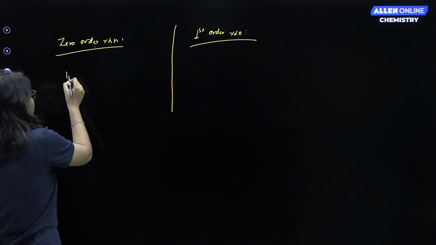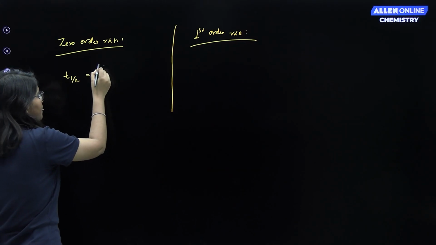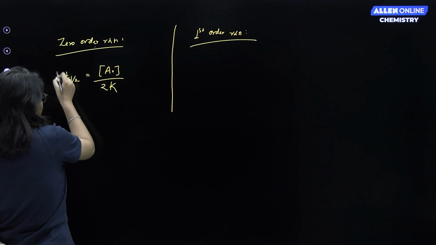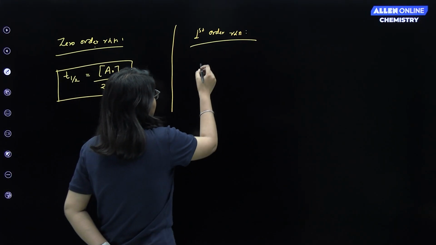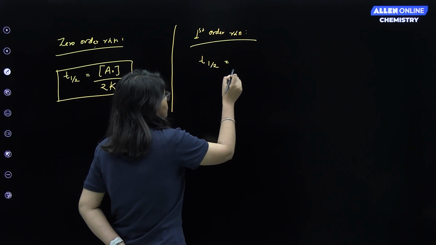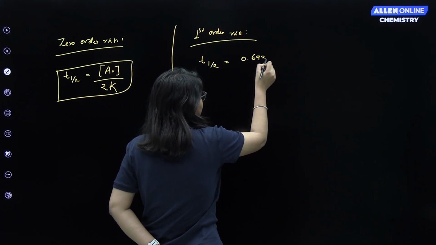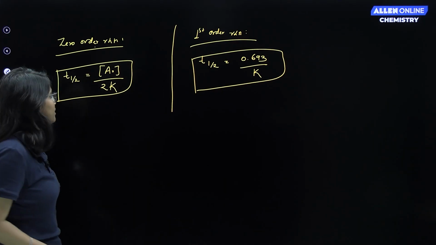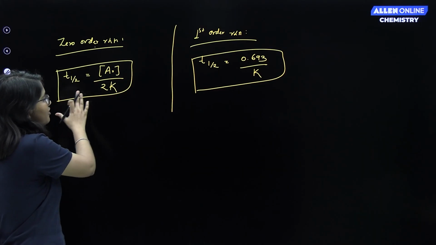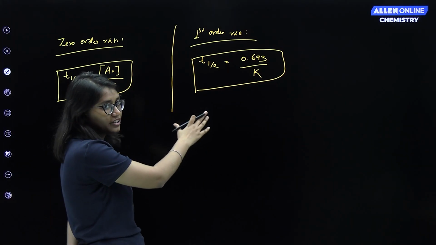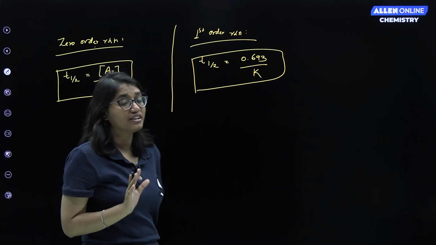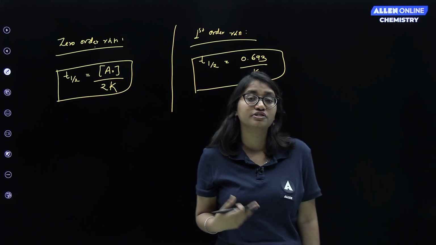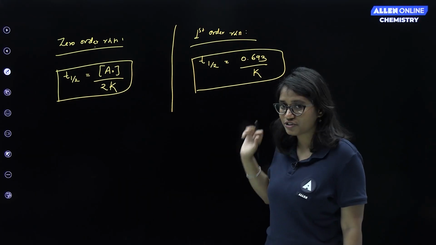T half is equal to A naught by 2K, while for first order reaction, T half is equal to 0.693 by K. As we can clearly see, in zero order reaction, half-life depends on initial concentration, while in first order reaction, half-life doesn't depend on initial concentration at all. So if the examiner asks which reaction has constant half-life, it will be first order reaction.